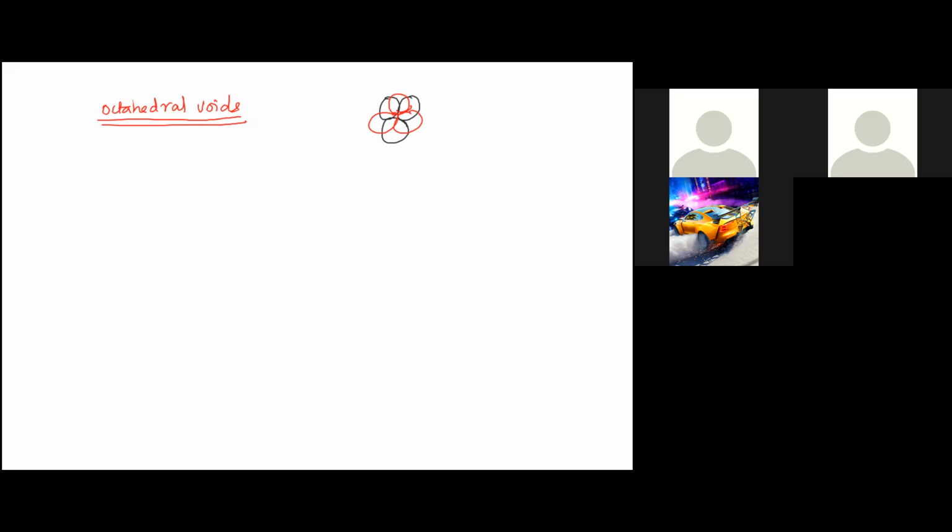So first, what happens now? The spheres in the second layer rest on the triangular voids in the first layer.